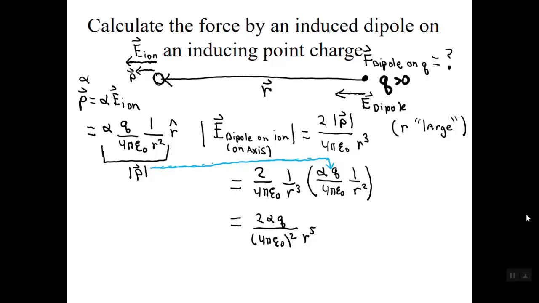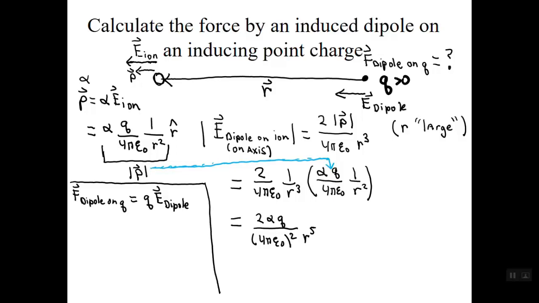Now we're in a position to compute the result we're looking for, the electric force of the dipole on the ion. Since we know the point charge and we know the field at the point charge, we can write this force as simply the product of Q times the dipole electric field.